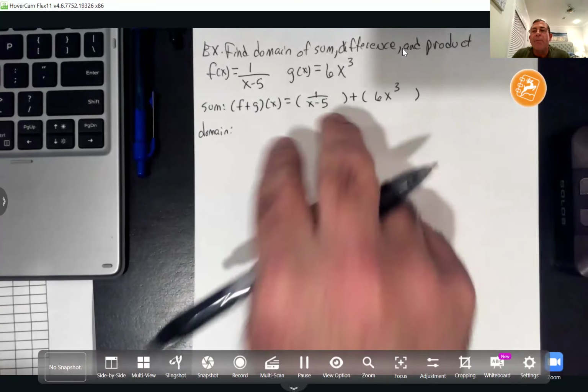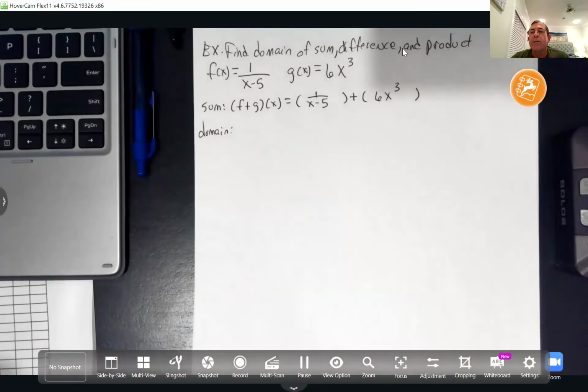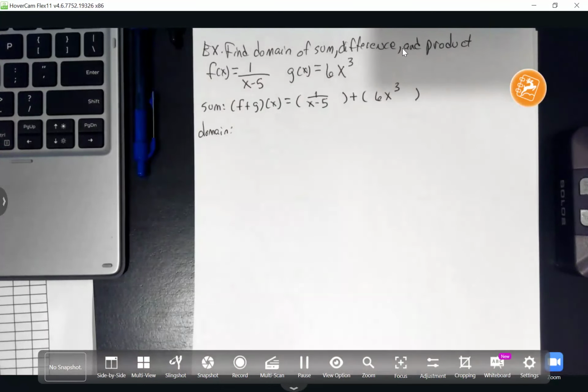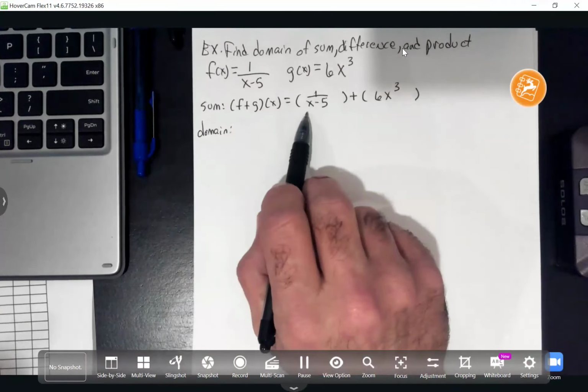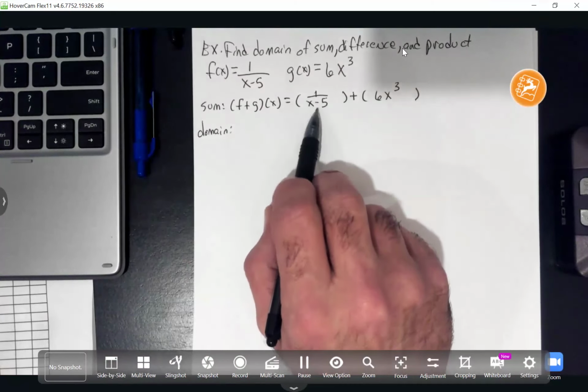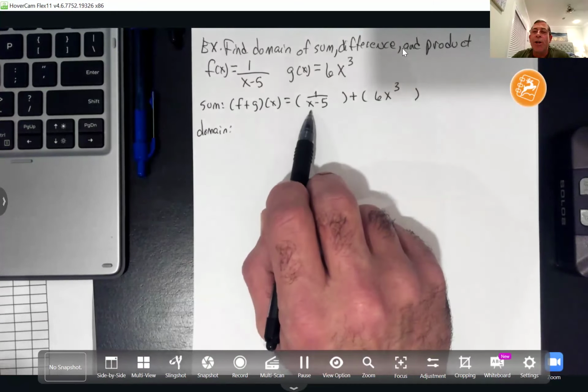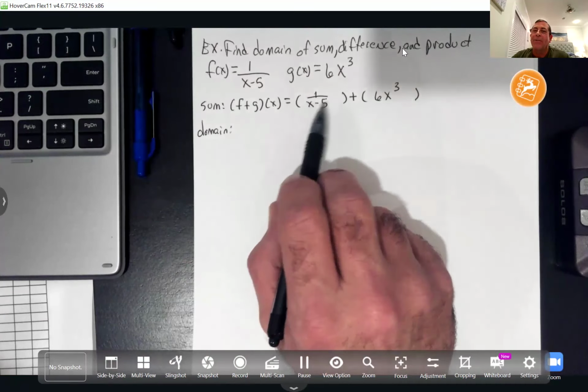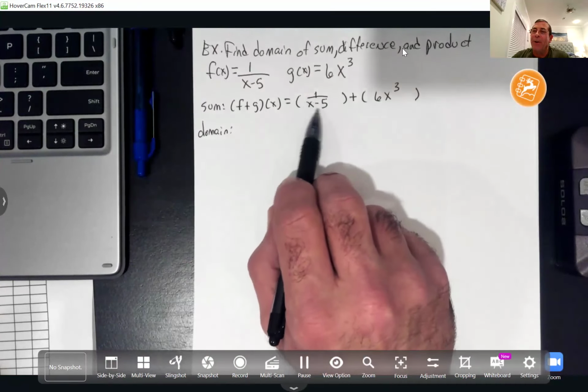Can this domain be all real numbers? No. It's a fraction. No. And that's because there's a fraction sitting right here. And there's one number that if you put in for that x, will make that thing equal 0 on the bottom.